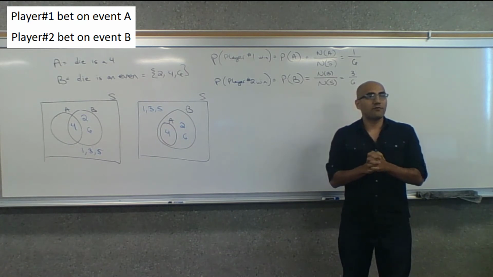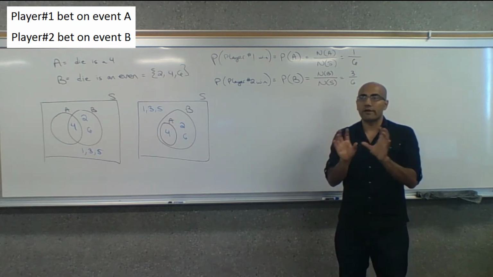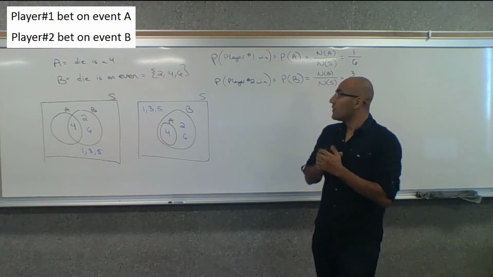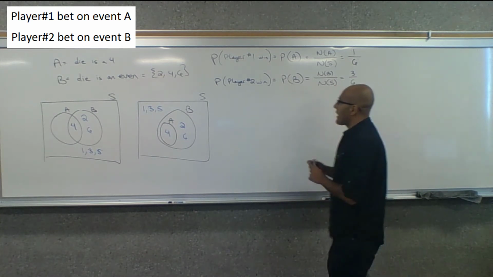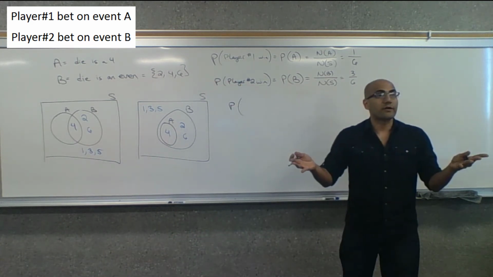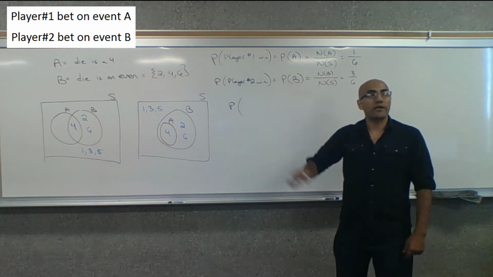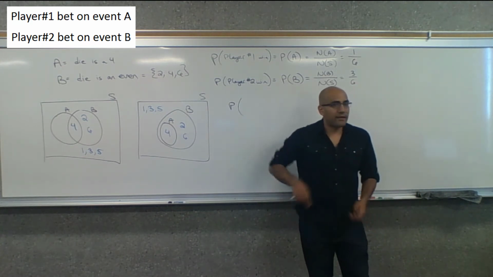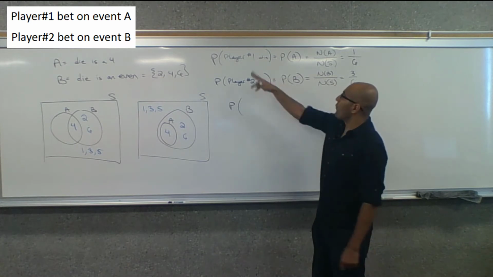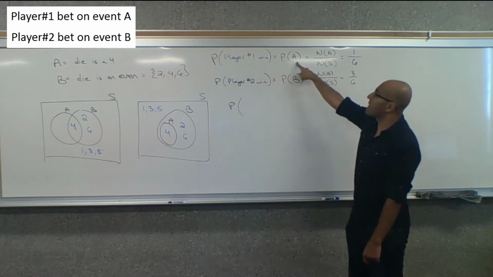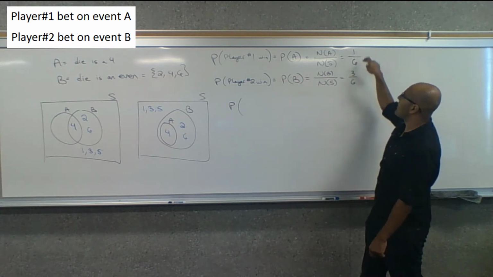Are you guys with me so far? I know it's kind of a convoluted story, but I think it helps understand what this whole conditional probability thing is about. So this is what I want to find out now. As I'm standing around waiting to find out what the real answer is, they're looking at the footage, they're looking at the cameras. While they're doing that, I pull out my calculator. I'm like, okay, before any of this happened, the probability that I was going to win, the probability that it was going to be a 4, was 1 out of 6.